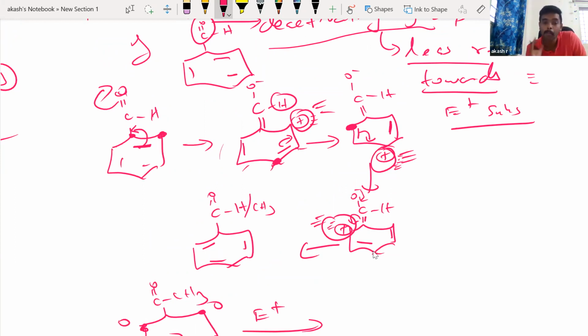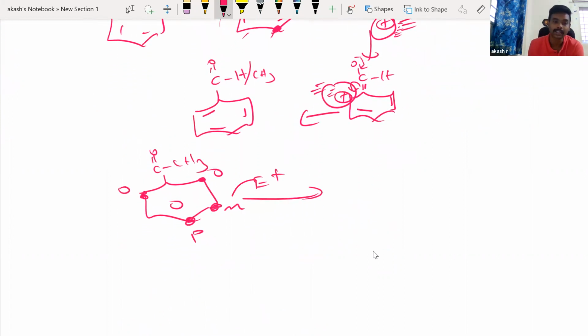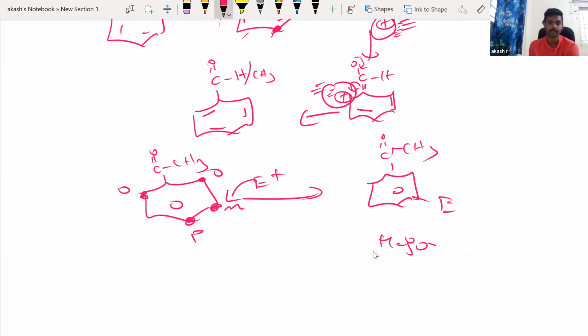So it is impossible for the electrophile to attack the ortho and para positions. It will try to suffer minimum repulsion and make the reaction happen, so obviously it will attack the meta position only. So if you have this C double bond O CH3, this is where you'll get the meta product as the major product.